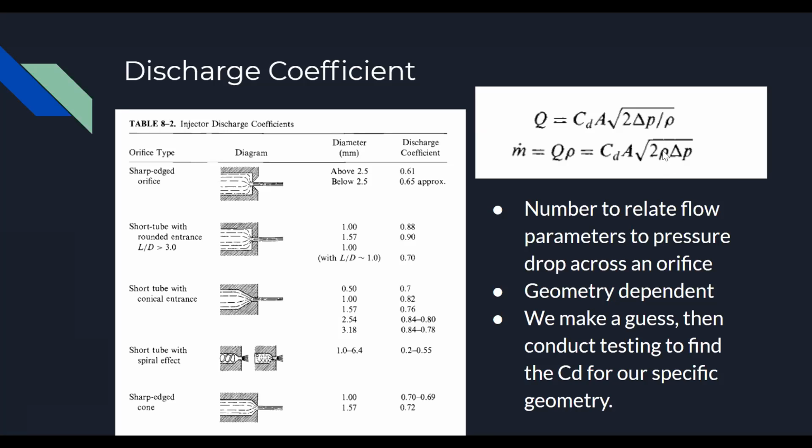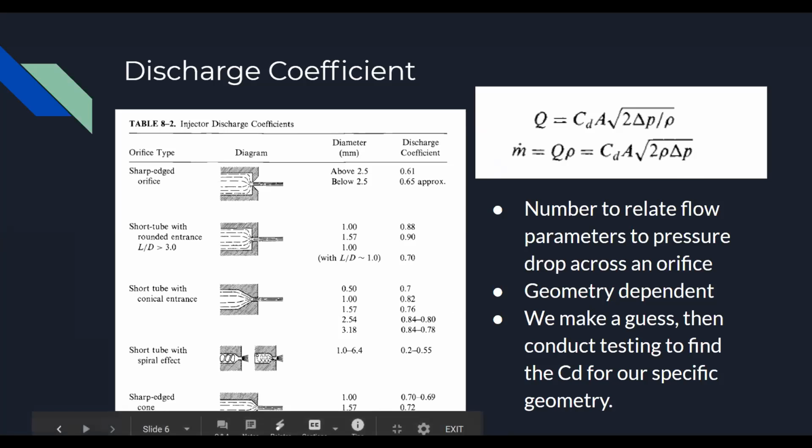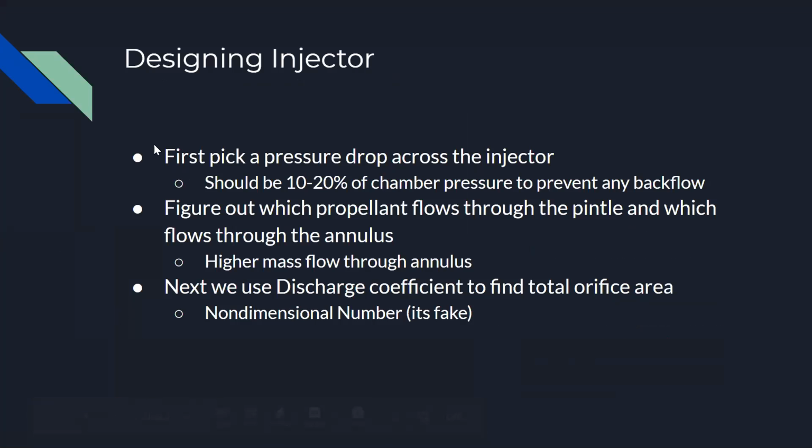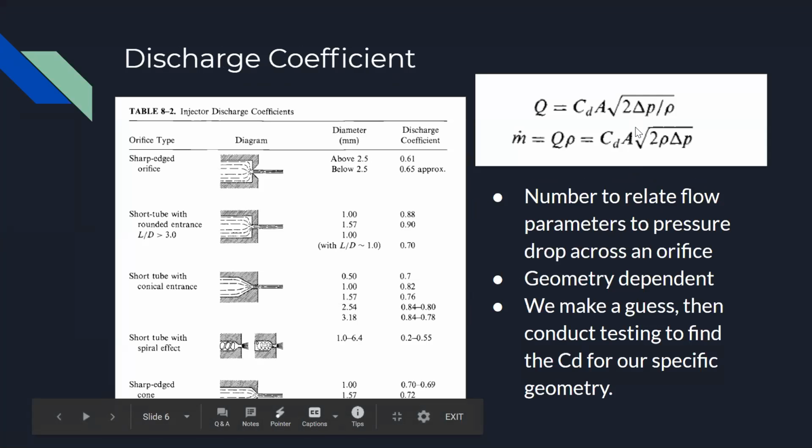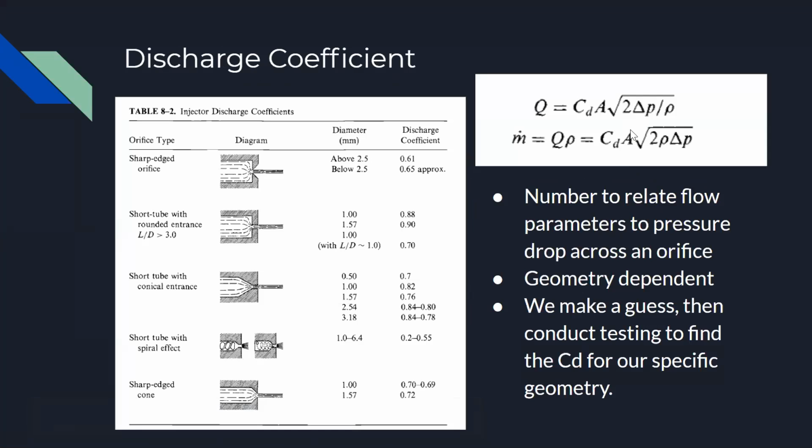You have your fluid density, and you have the pressure drop across the injector that we picked back here, and then you can calculate the total area of the orifice.